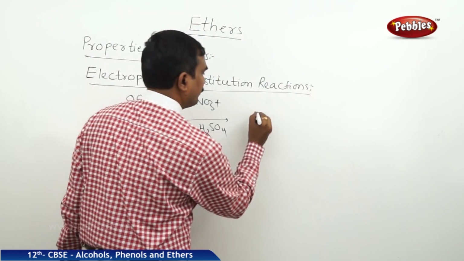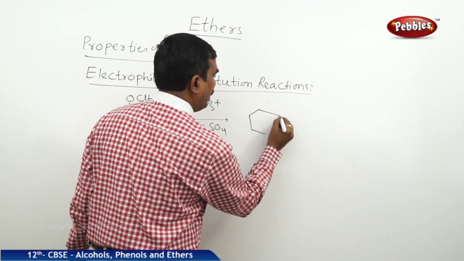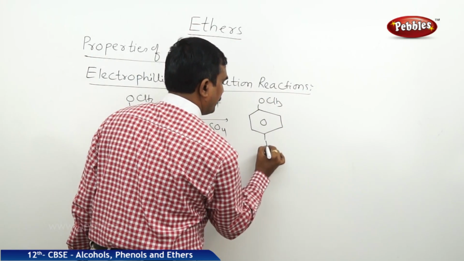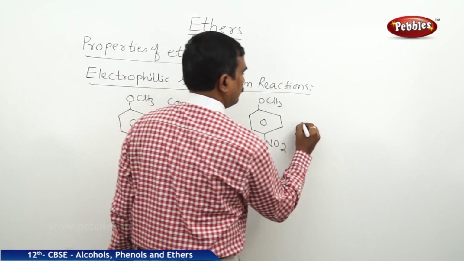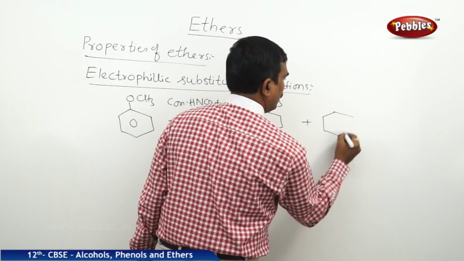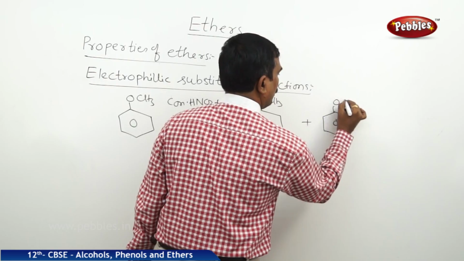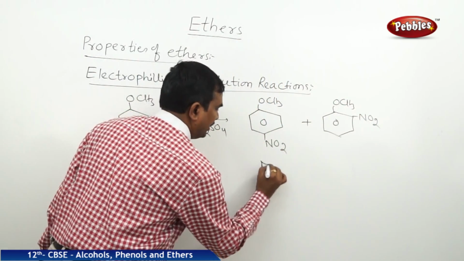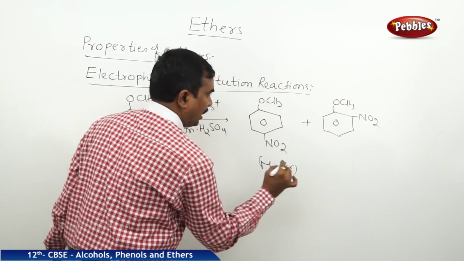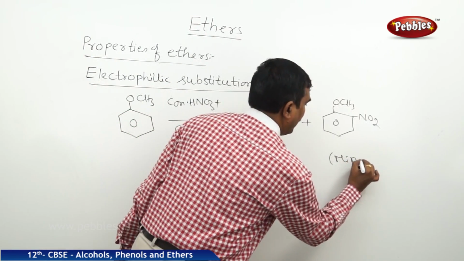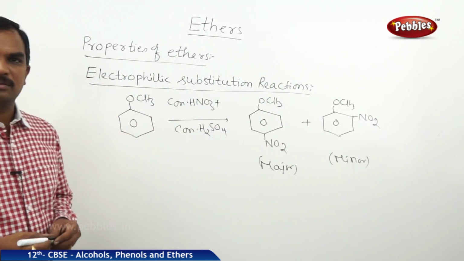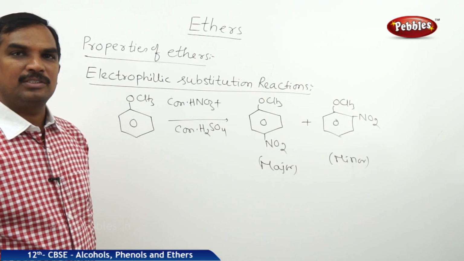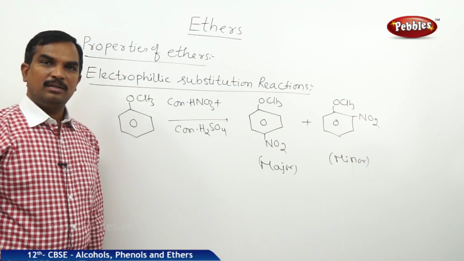This will give the para and ortho substituted products. This is ortho OCH3 NO2. So para is again the major product, ortho is the minor product. This is about the various electrophilic substitution reactions which are given by the corresponding ether.